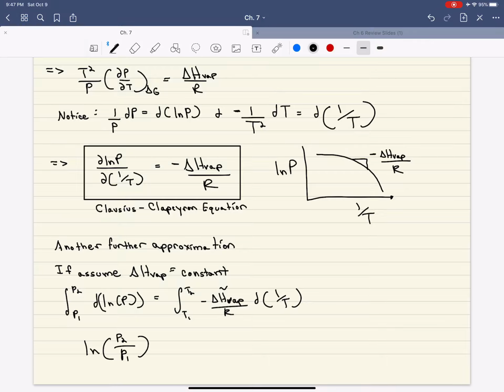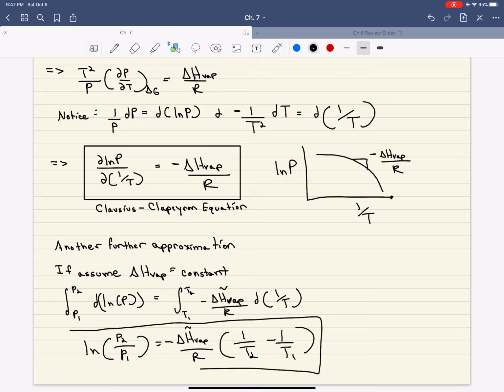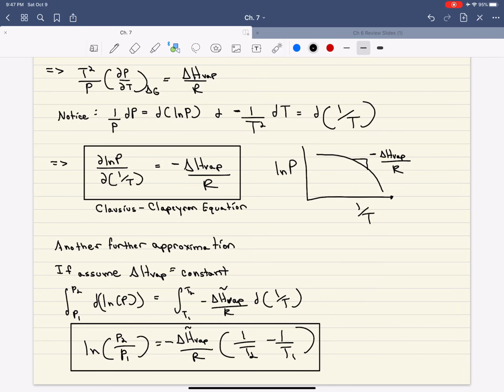All right, and so this is another form of the Clausius-Clapeyron equation. And one that, if you measured the transition pressures at one temperature and another temperature, you would be able to figure out the enthalpy of vaporization.